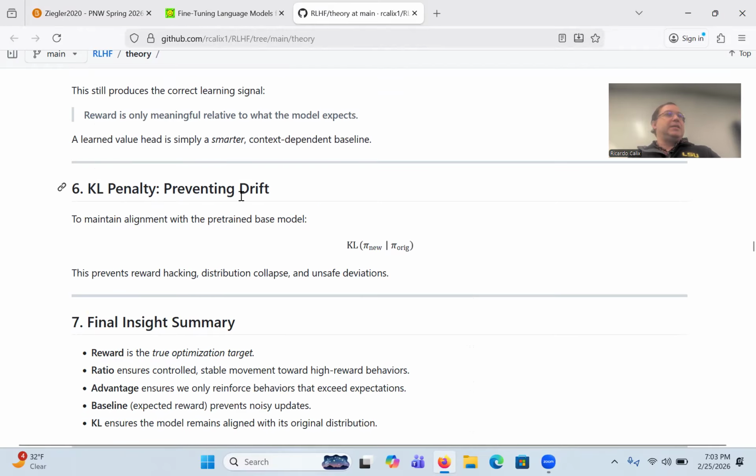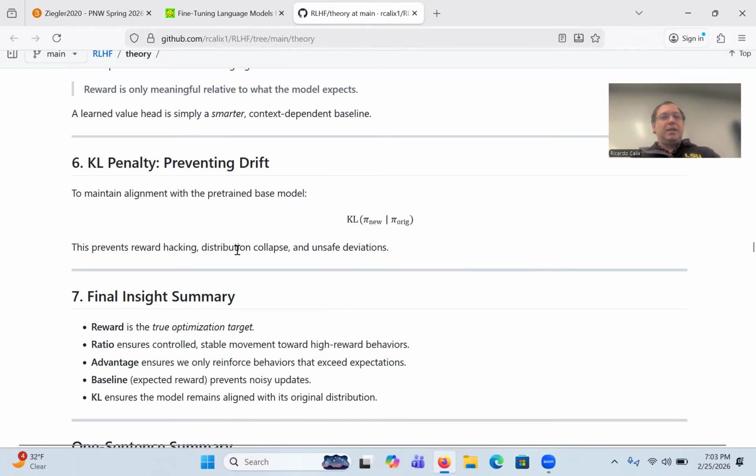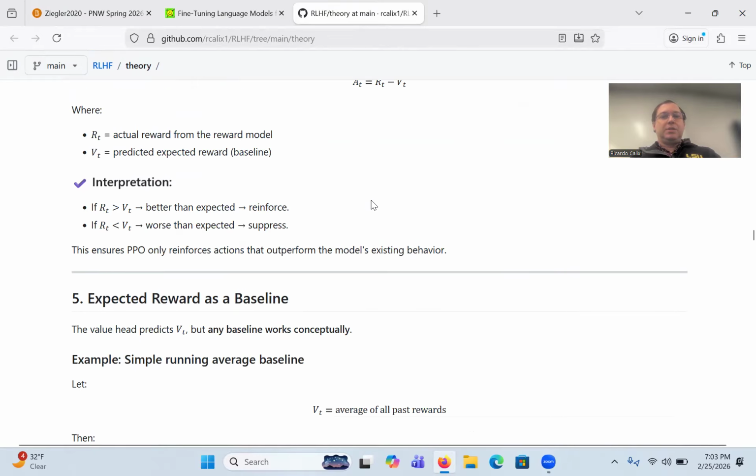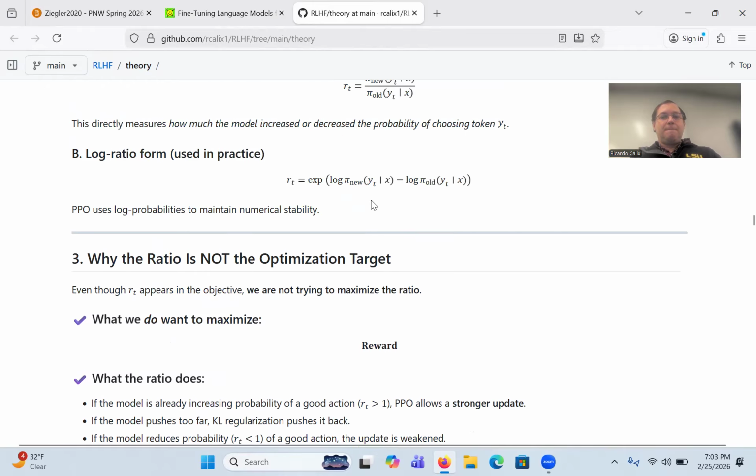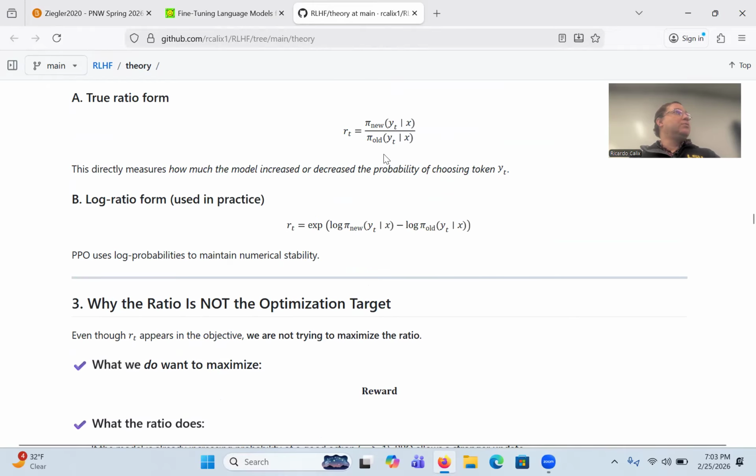The KL penalty, I think, is the easiest part of this whole thing, hopefully. To maintain alignment with the pre-trained base model, we use the KL divergence. Notice this is the policy of the new and the original, like how I had it in the code, right? Not old and new.